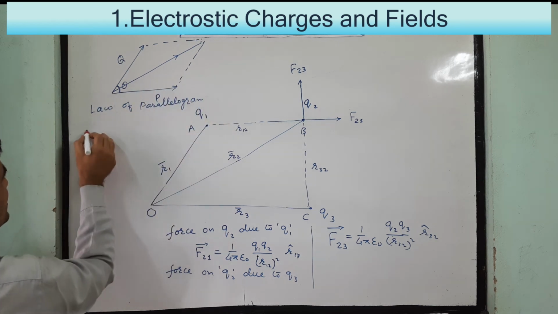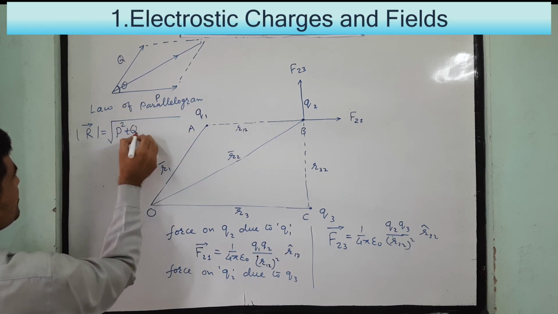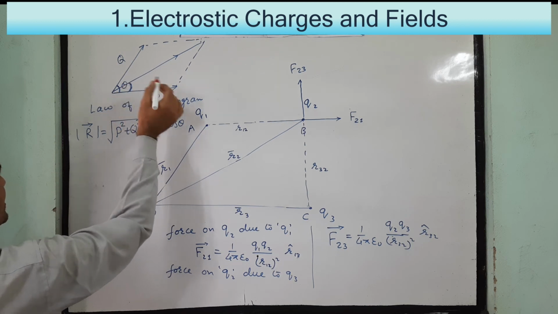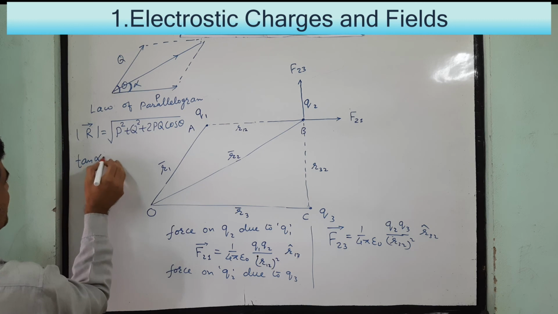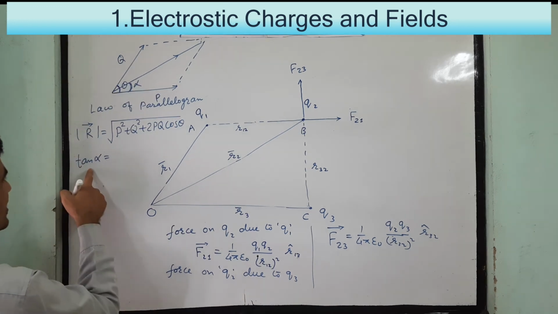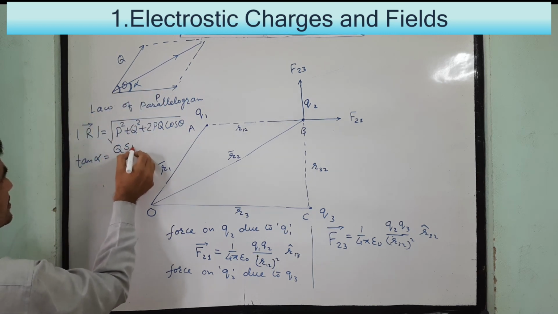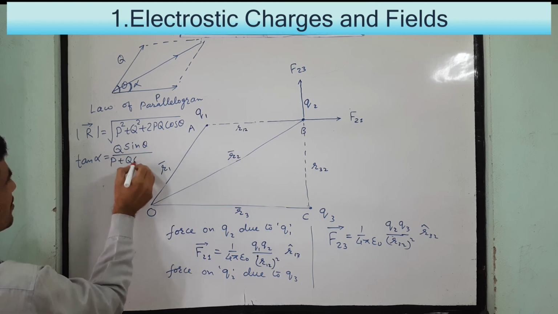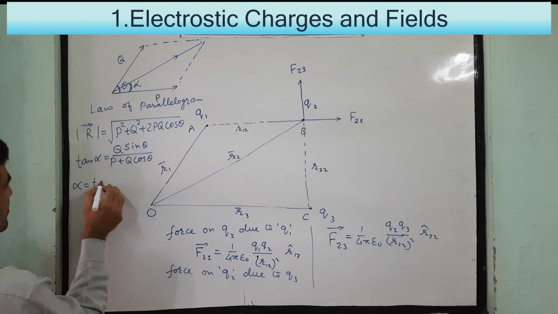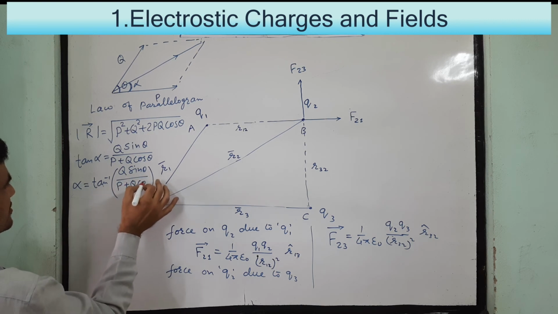The magnitude of the resultant is the square root of P square plus Q square plus 2PQ cos theta. For the direction, the resultant makes an angle alpha with vector P, with tan alpha equal to Q sin theta divided by P plus Q cos theta, and hence alpha is tan inverse of Q sin theta over P plus Q cos theta.